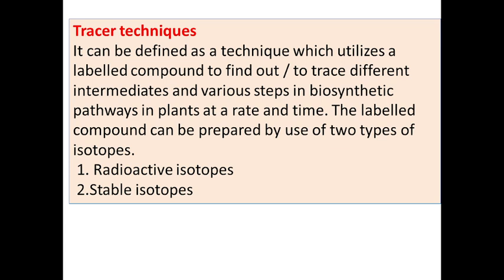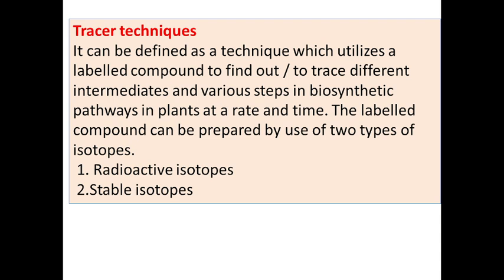So in this technique, a labeled compound is used, and that labeled compound will trace the different intermediates which are formed during various steps of chemical reaction, which are catalyzed by different enzymes. The intermediates are produced, and those intermediates are traced by the labeled compound in various steps in the biosynthetic pathway in the plant at a rate and at a time.